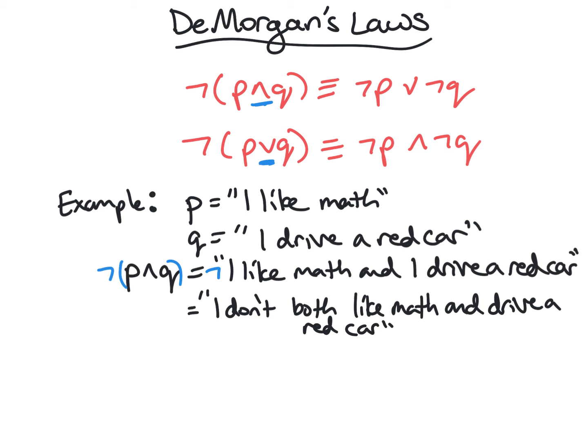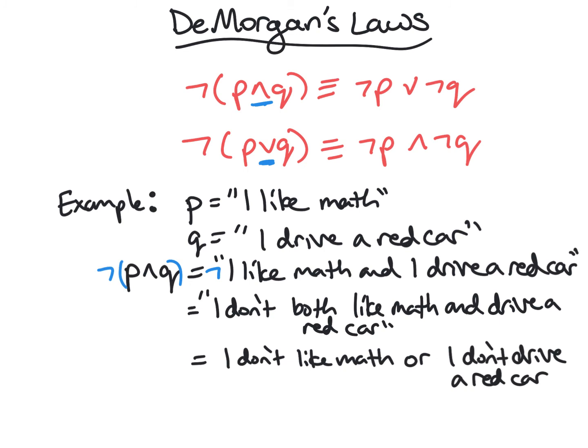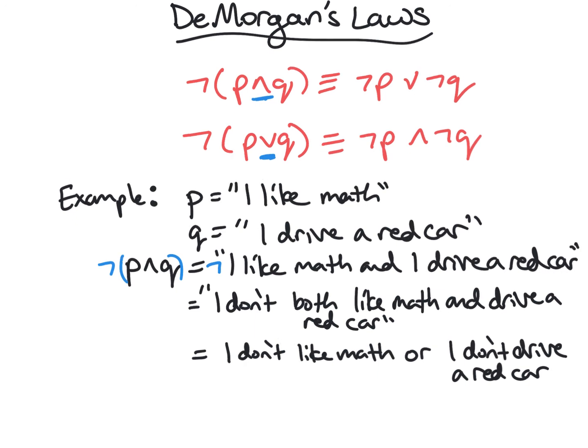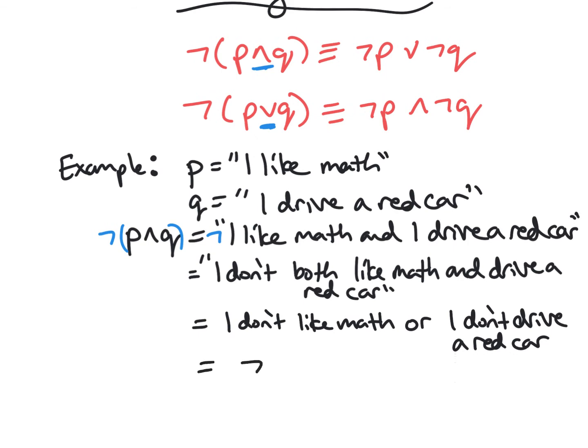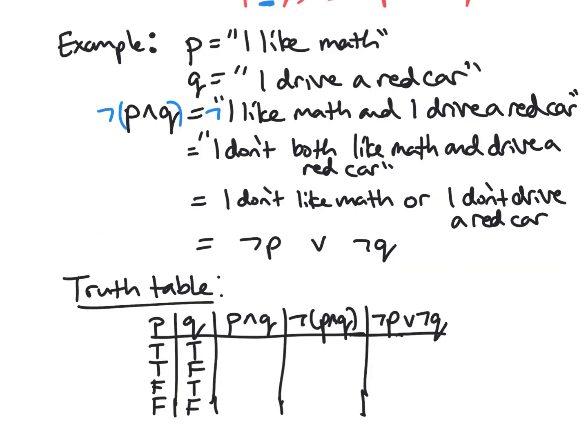So if one must be false, then that means I either don't like math or I don't drive a red car, or maybe even both. But at least one of these statements must be true, and that's exactly not P or not Q. Of course, it turns out that I do like math, but I do not drive a red car.